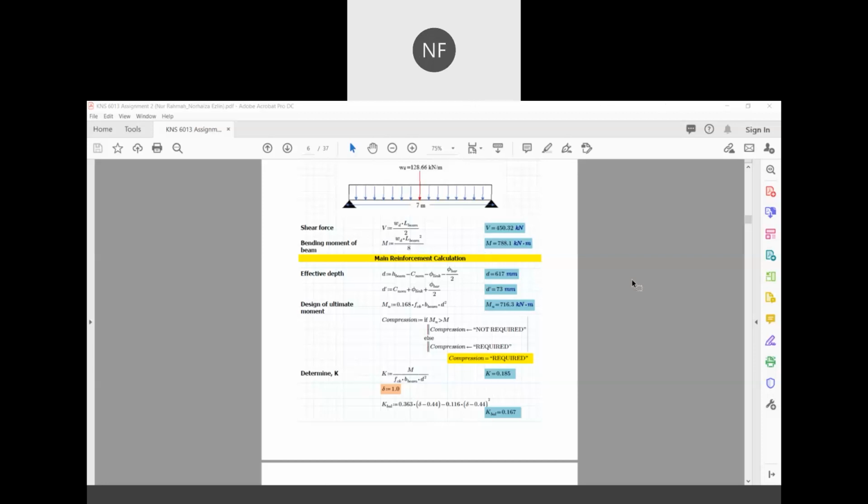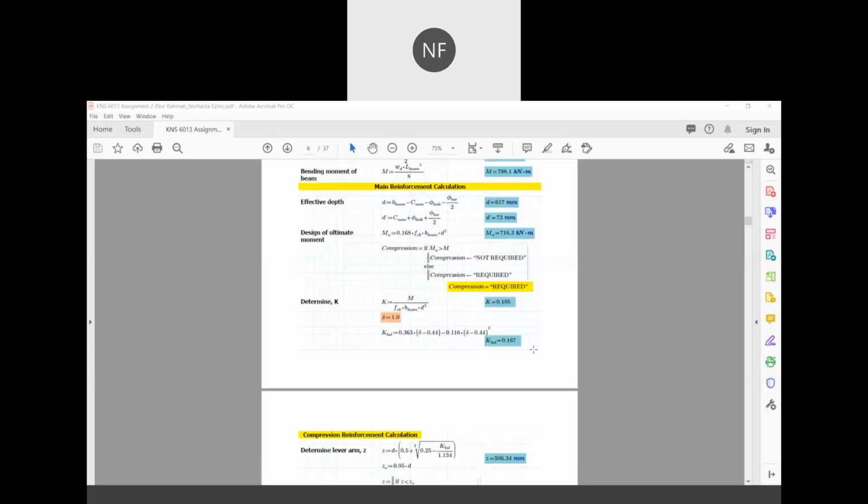And here's the highlighted part where we need to determine the main reinforcement for the beam, where first we need to determine the effective depth. Here's the formula given, where the effective depth d is equal to 617 millimeter, whereas d prime is equal to 73 millimeter.